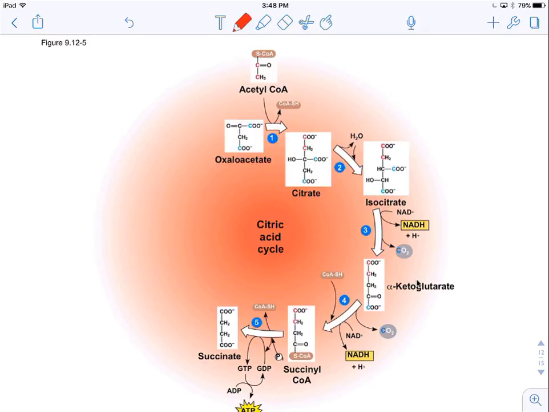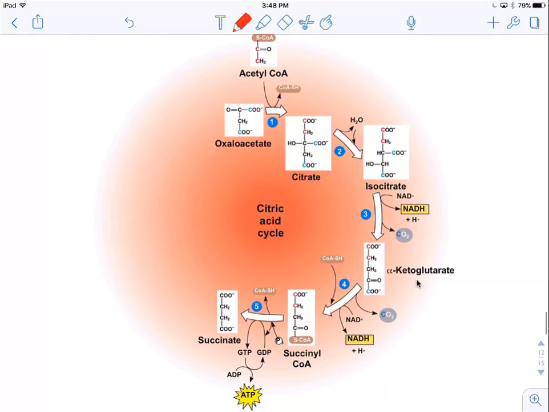In the next step, succinyl-CoA is converted into succinate, and as it does that, it provides enough energy to phosphorylate GDP into GTP, but that GTP is not our favorite energy source. So it uses its energy to convert a molecule of ADP to ATP. And again, this is all substrate level phosphorylation.